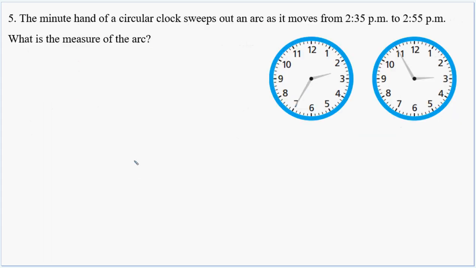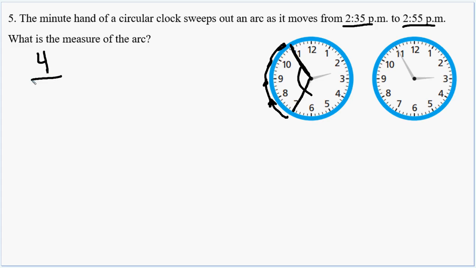All right, up next, the clock problem. The minute hand of a circular clock sweeps out an arc from 35 to 55. So here's the 35, and I'm going to put the 55 on the same clock here. What is the measure of that arc? So let's see, if we're here at 7, we've gone 1 hour, 2 hour, 3 hour, 4 hour.